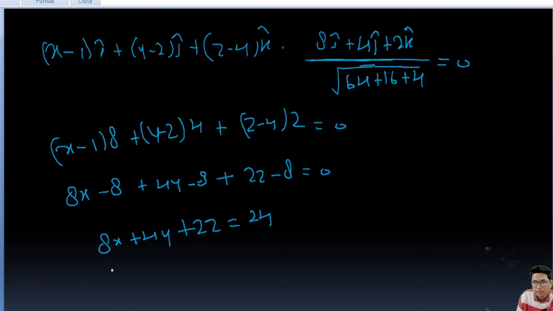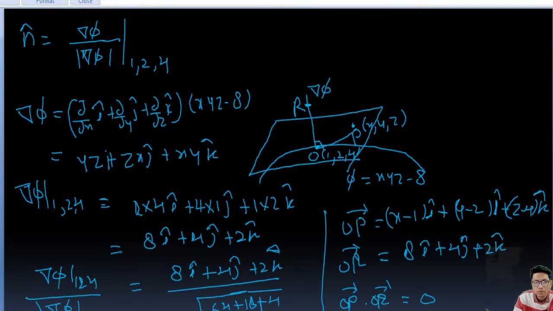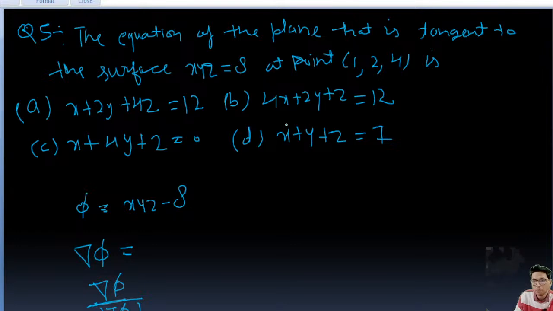So we'll divide by 2. So it is going to be 4x plus 2y plus z equal to 12. This is the answer. Okay. So which option is matching? Option B is matching. Option B is the correct one.